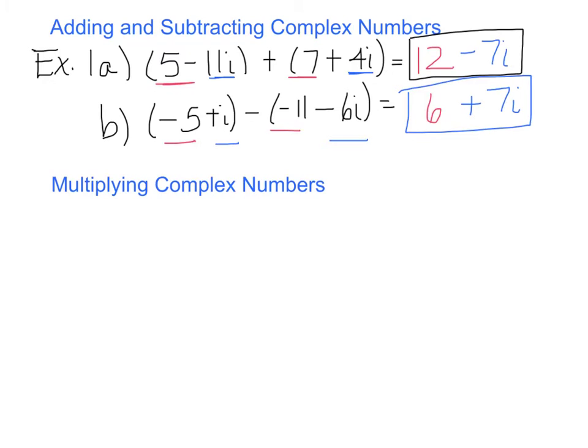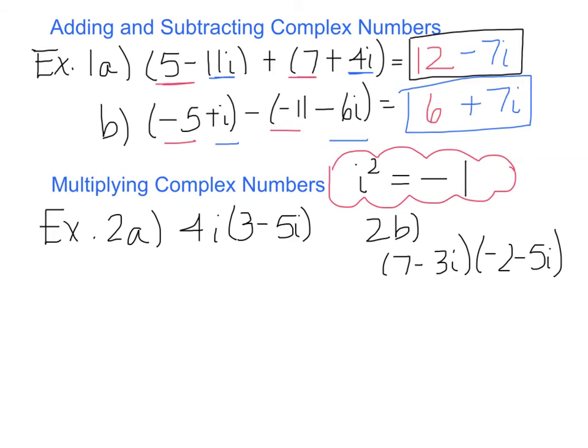Okay, multiplying. You can multiply two ways, distributing or foiling. So I'm going to do one example of both. But just remember that when you multiply, you are going to get an i squared. Just remember that i squared is always equal to -1. So anytime you see that, you want to change it to a -1. Okay, so let's do distributing.